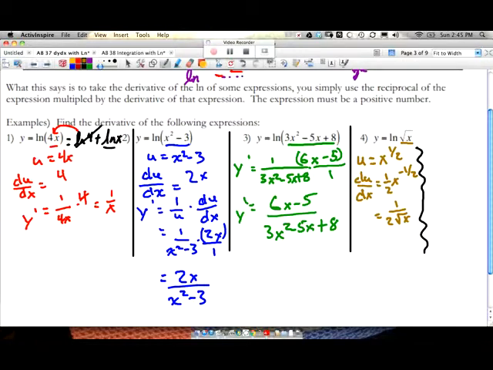The original is square root of x. So if I'm saying y prime equals 1 over u times du dx, let's see how these pieces would fit together here. We'd have 1 over square root of x times 1 over 2 square root of x as well.